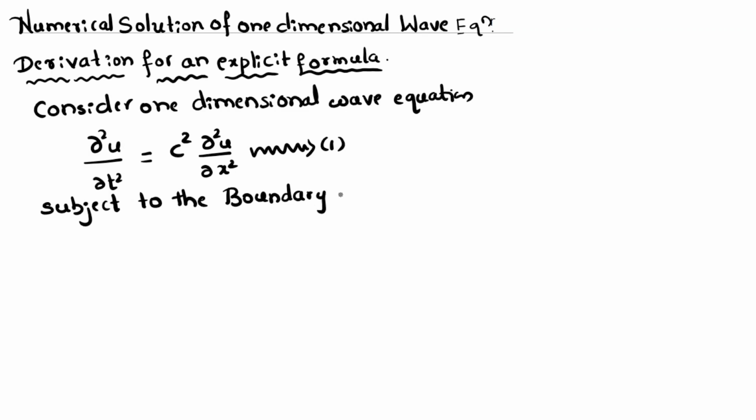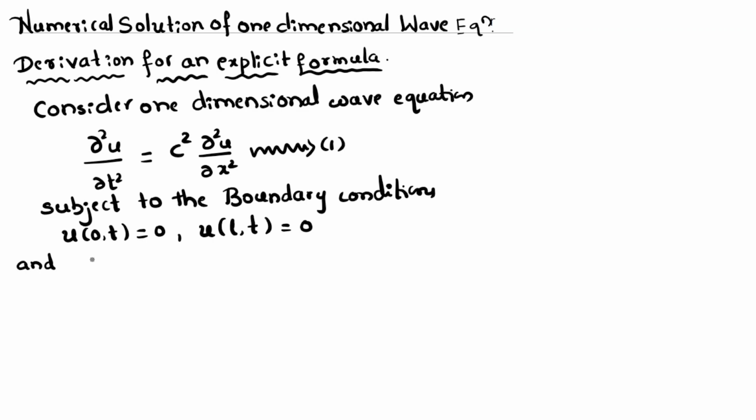What are the boundary conditions given? u of 0 comma t is 0, u of L comma t is also 0.